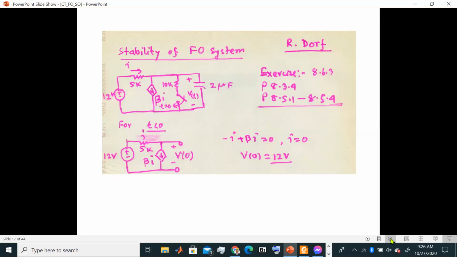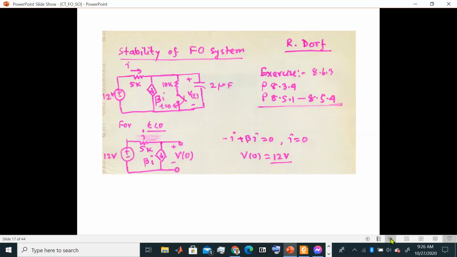In that case, the terms containing exponential of minus R by LTH or exponential of minus T by RC will grow with time and your system becomes unstable. That situation can arise if your system contains some dependent sources with variable gain parameters.